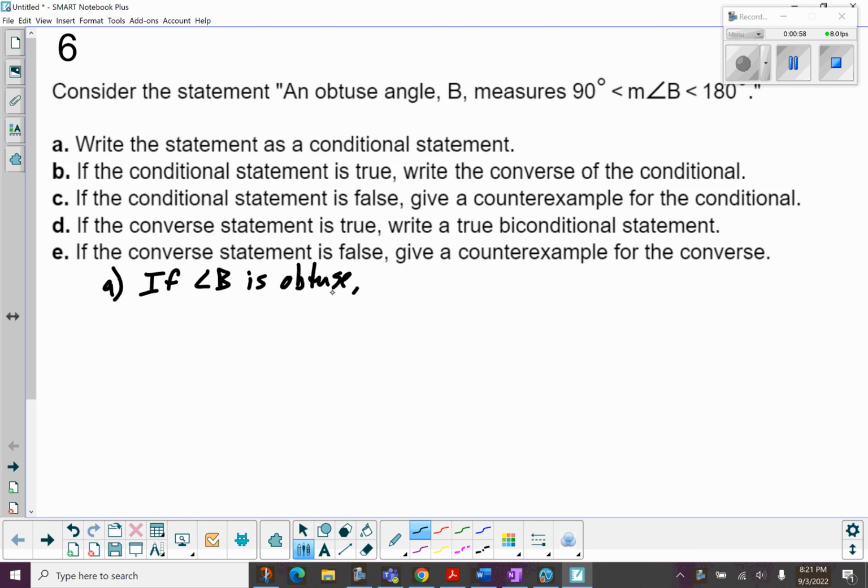Now, as you're rewriting these, try and leave things in the same order. The first thing that it talks about is this is an obtuse angle. So that's what we put in our hypothesis. Then the measure of angle B is less than 180 degrees, but greater than 90 degrees.